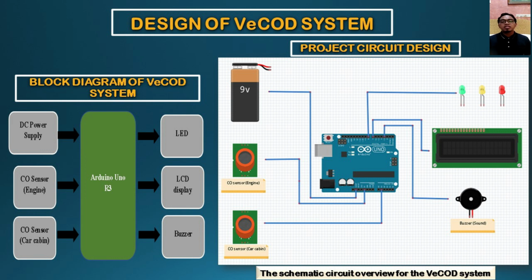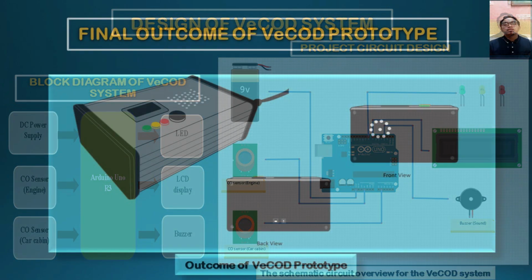In the vehicle system, the buzzer will alert the user by making a sound after CO gas is detected in the car, which is in a state of danger. The buzzer will help inform the user by sound. Therefore, the user can act immediately to avoid CO poisoning.